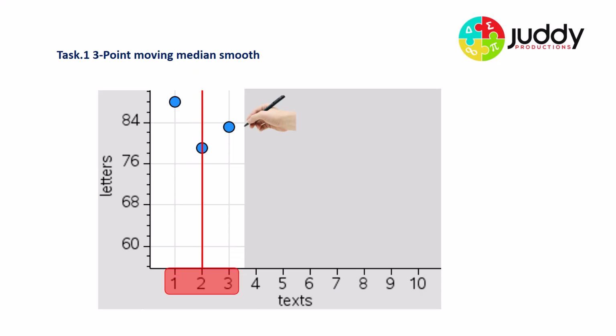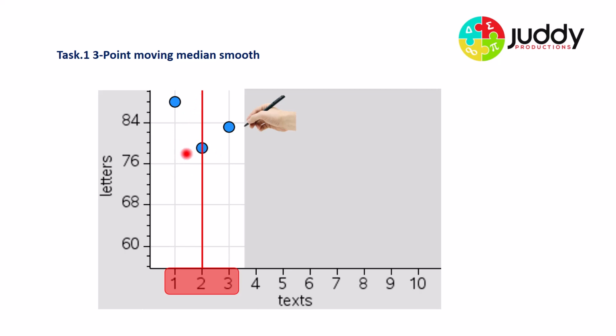Now in terms of the y variable, we have got 3 points to consider. So our lowest point on this graph looks to be a value of about 79 on this scale. The next lowest point looks to be about 83, and the highest point of these three looks to be about 88. Now remember, a median is looking for the middle point when they're in order. Now these are not necessarily in order, but examining these 3 points on the response variable from the lowest dot all the way up to the highest dot, we can see them in increasing order.